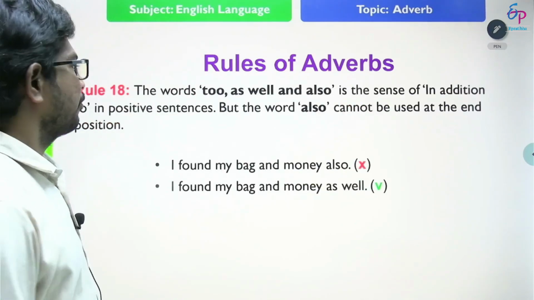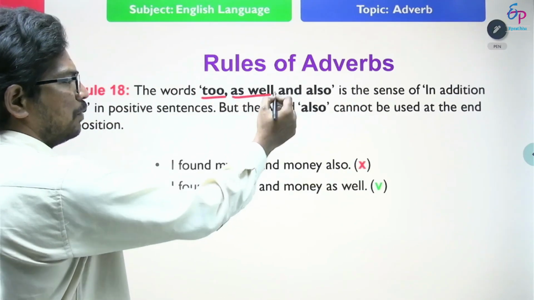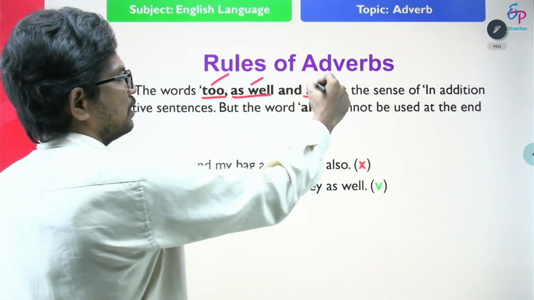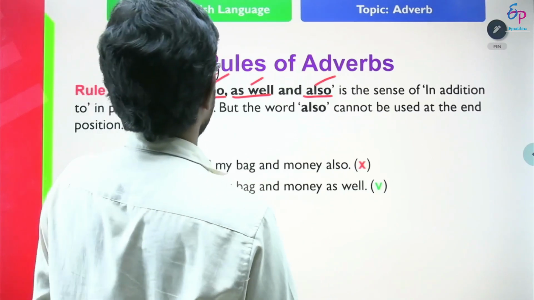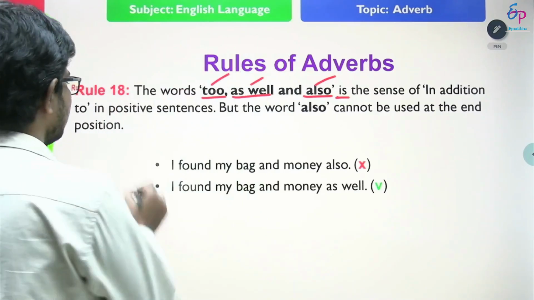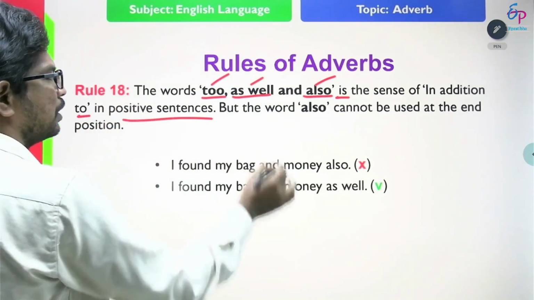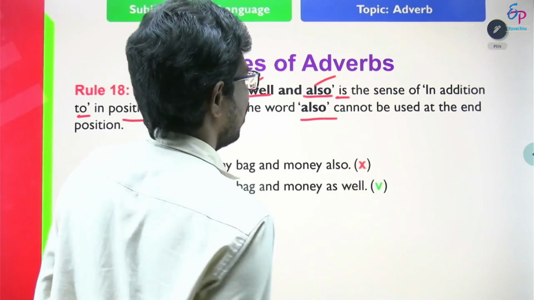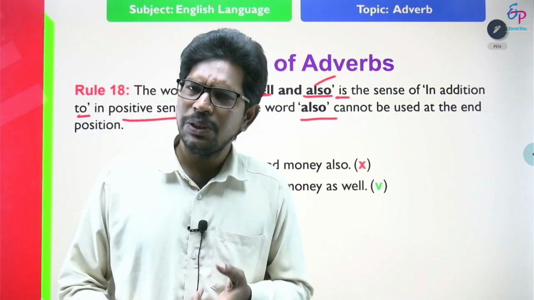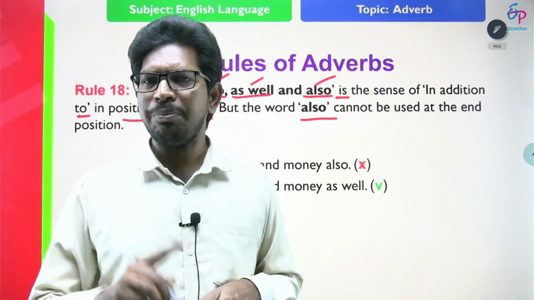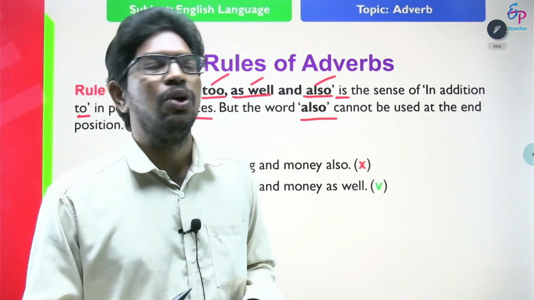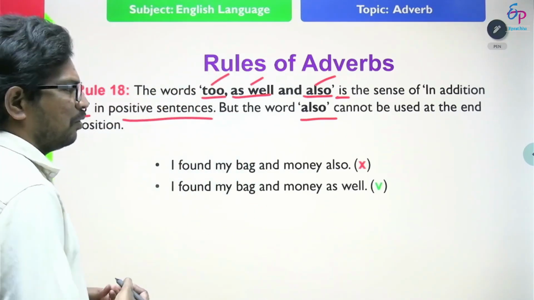See the next rule. The words to, as well as, and also are used in the sense of in addition to, in positive sentences, but the word also cannot be used at the end position. Look at the example and find out the error.